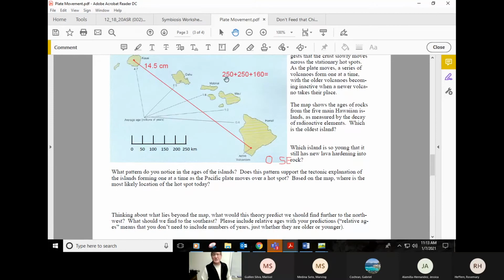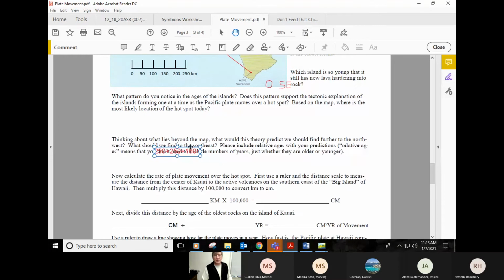I'm going to ask you to add these numbers together for yourself. In fact, I can just drag them down here for you. Go ahead and add those together. That's going to give the number of kilometers. But then we have to multiply this by 100,000 to change it to centimeters.